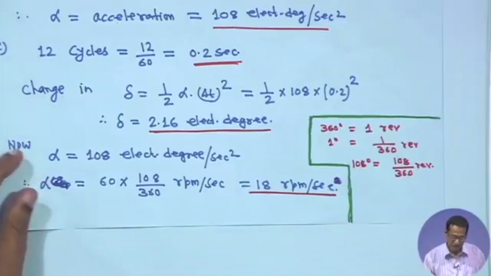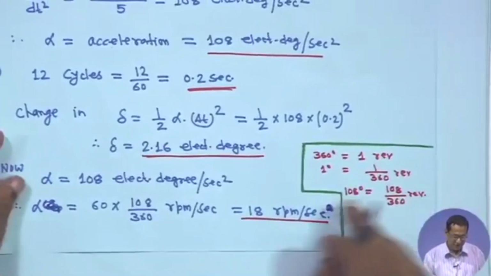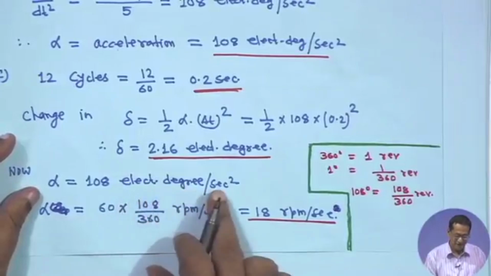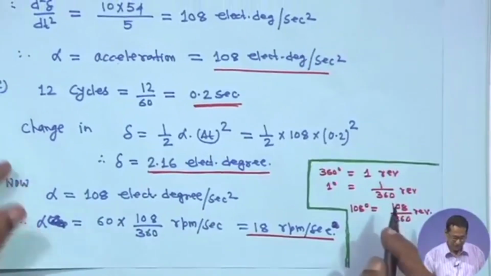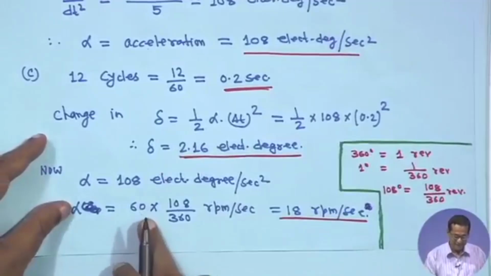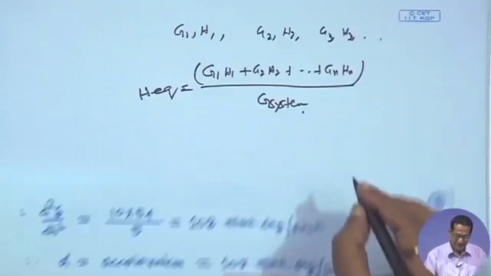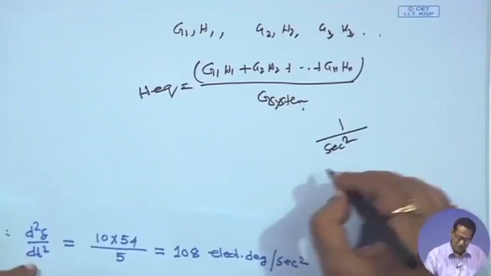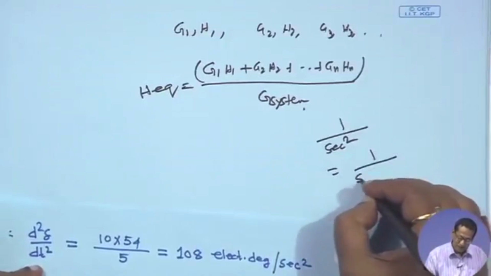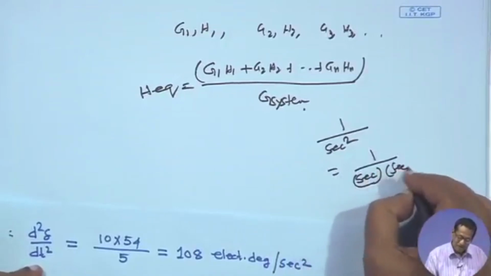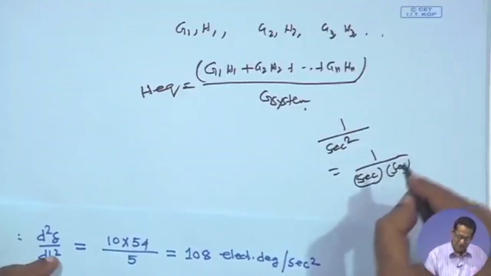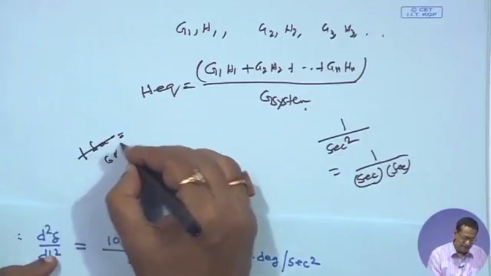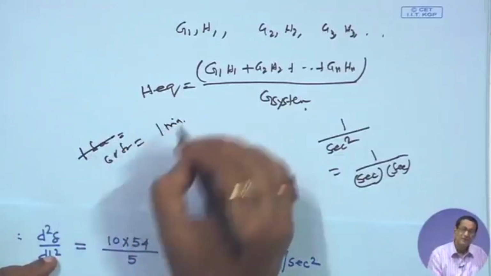But from where do we get this RPM per second? It is given as 108 electrical degree into 1 upon second square. So, this one you can make 1 upon second into second. 60 second is equal to 1 minute.